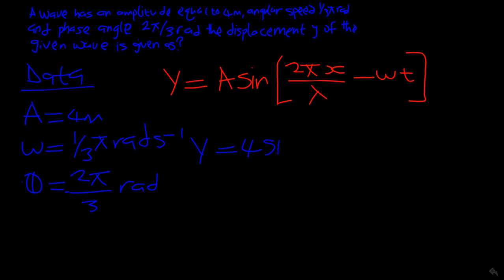We say 4 sine, open bracket, we've been given our phase to be 2 pi over 3. We'll plug that here, minus the w has been given to be 1 over 3 pi t.